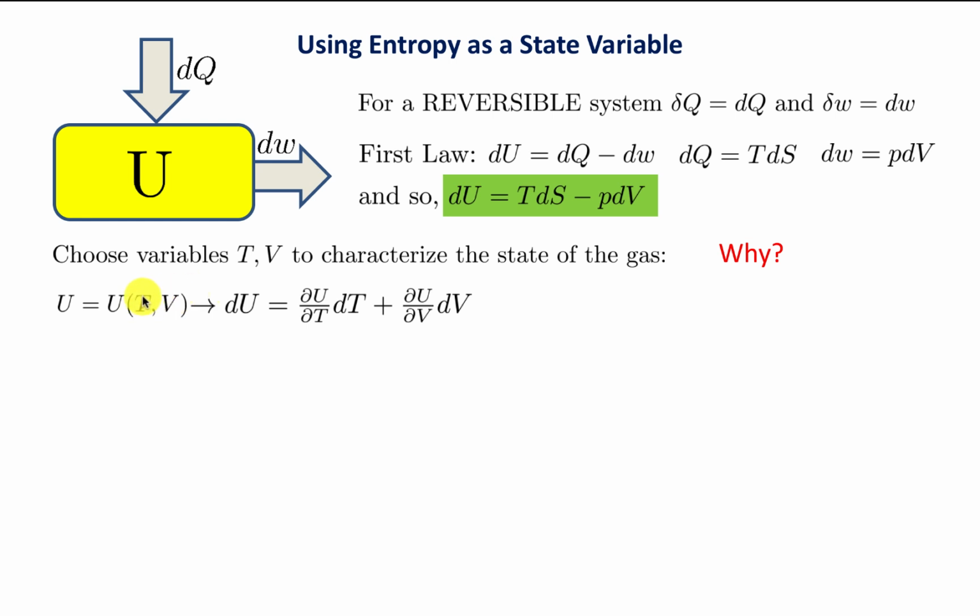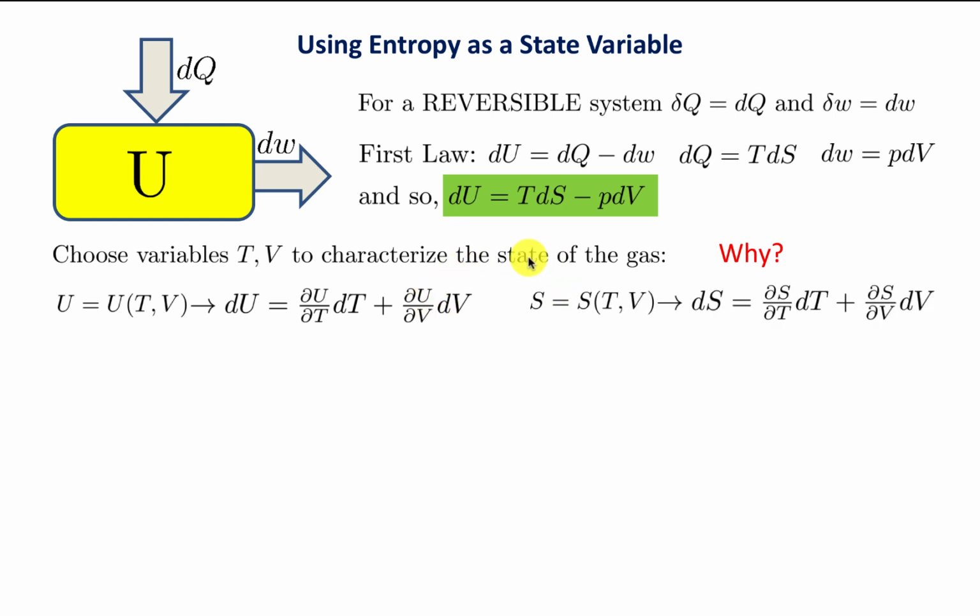When we make a small change in T and a small change in V, then the small change in U is just equal to the partial derivative of U with respect to T at constant V times dT plus the partial derivative of U with respect to V at constant temperature times the small change in the volume.